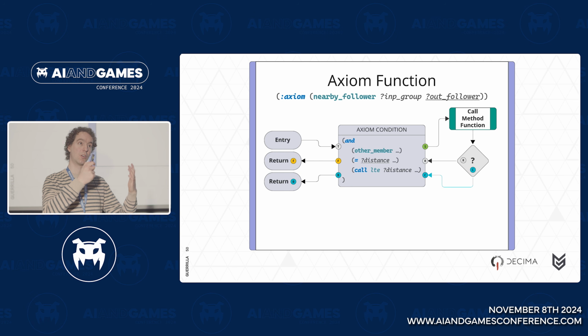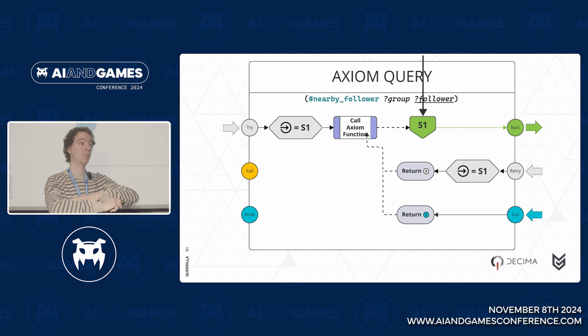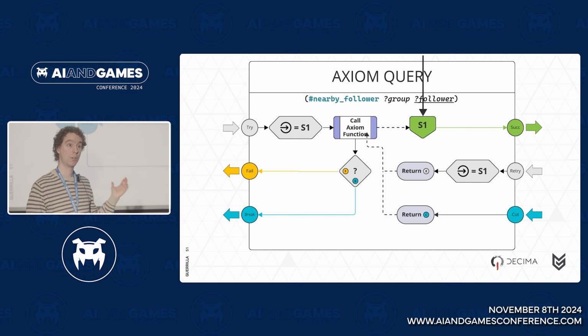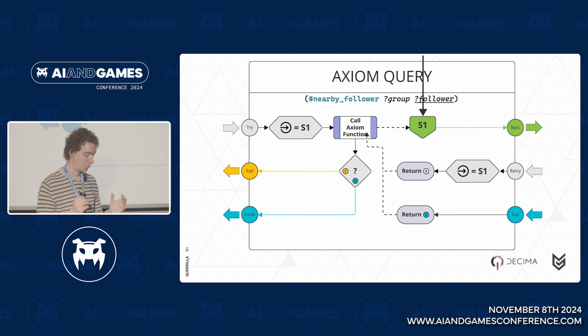And then coming back from our Axiom to the first invocation of our method, we'll check the return result here and move through the corresponding port of our Axiom query box. And with that, all of the ports have been hooked up and the Axiom query box is complete.